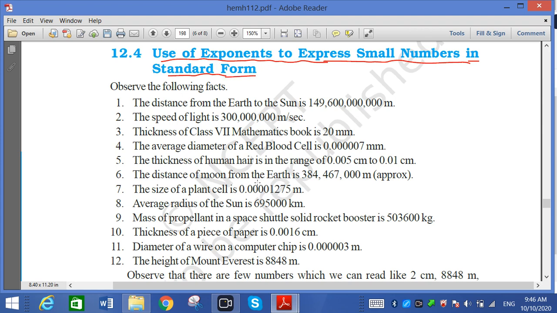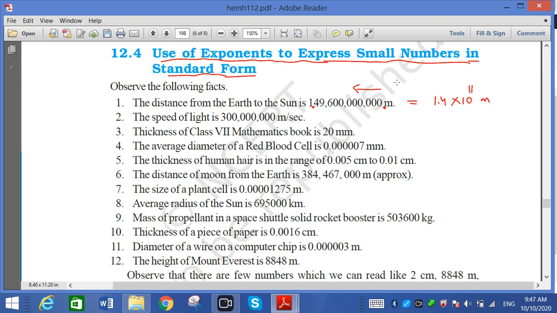So the distance from the sun to the earth is this big. How do I describe it? So the point is here. Now I want to shift the point to here. So when I go left, 1, 2, 3, 4, 5, 6, 7, 8, 9, 10 and 11. So I have to write 1.4 into 10 to the power 11 meter.